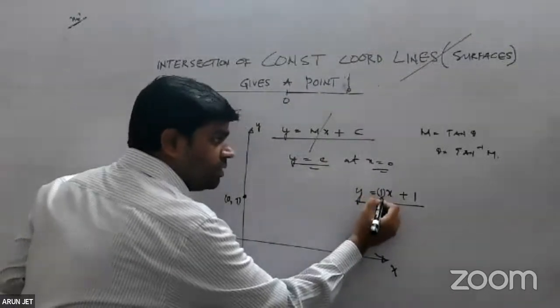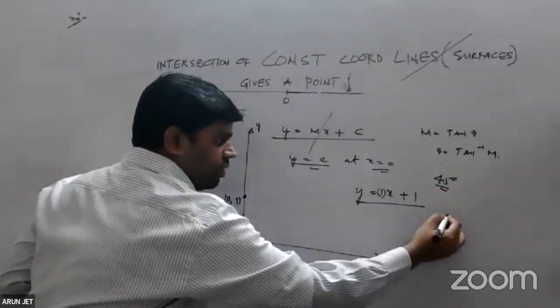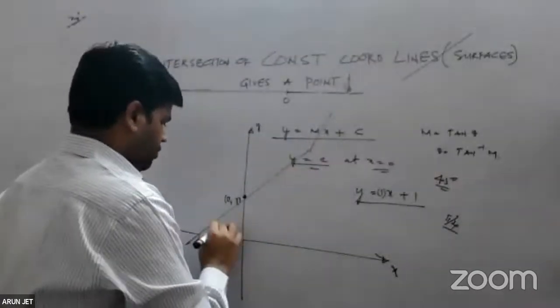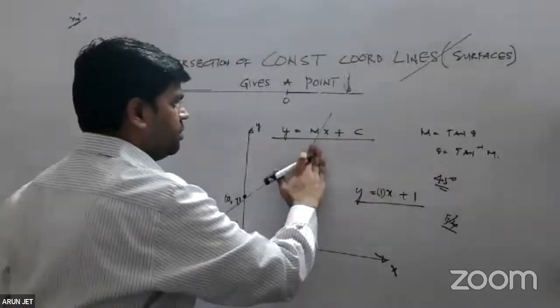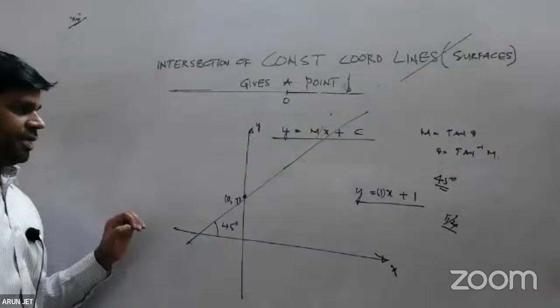Value of m is 1 here. So tan inverse 1 is 45 degrees or pi by 4 radians. So it makes an angle of pi by 4 with the x-axis. So that's the straight line I get.